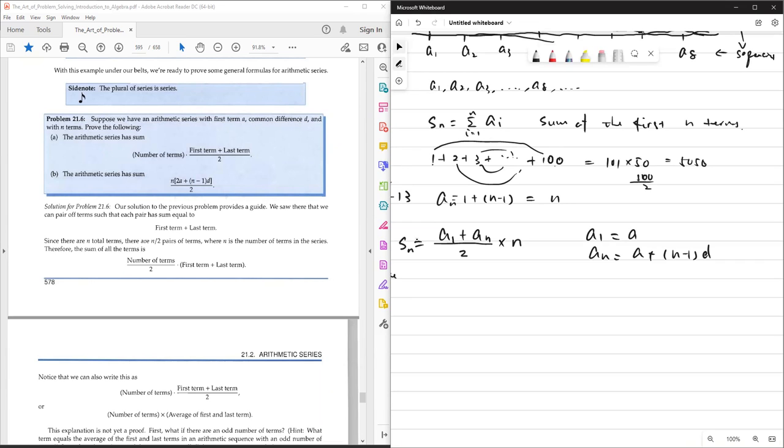This is describing it in terms of the parameters of the sequence, right? So now if we plug it in, we have a plus n minus 1 d, divided by 2, multiplied by n.